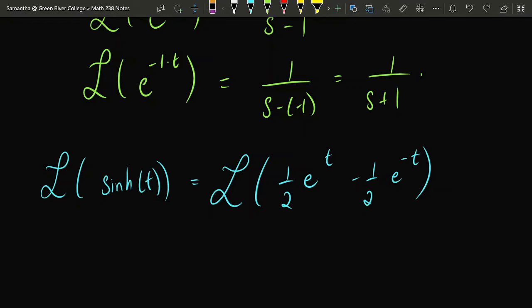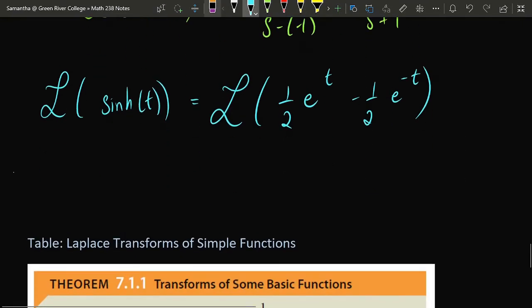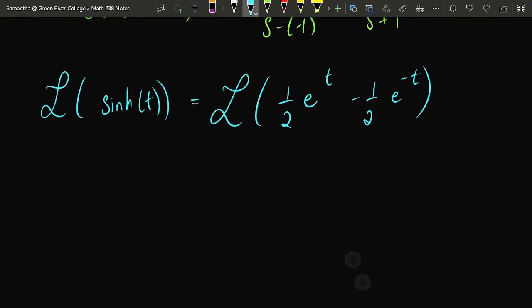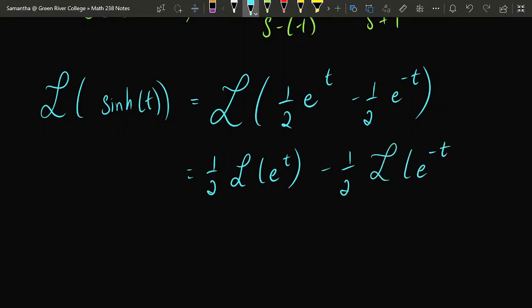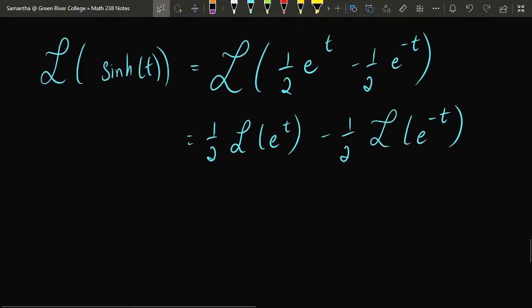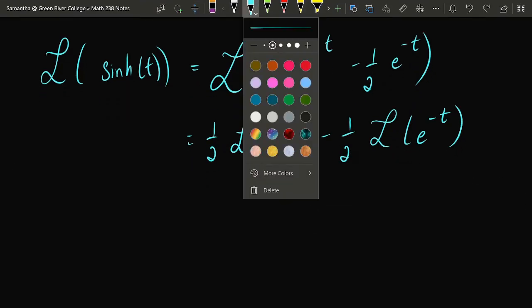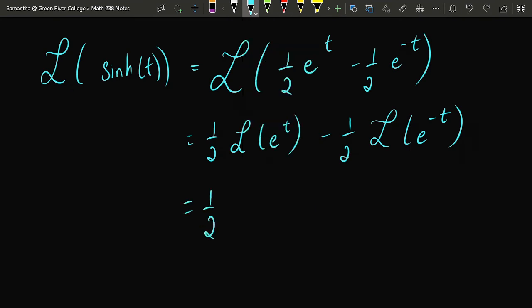Linearity says that you can calculate this expression by taking 1/2 the Laplace transform of e to the t and subtracting half the Laplace transform of e to the minus t. Now we note the Laplace transform of those two individual functions. The first function was 1 over s minus 1, and the second function was 1 over s plus 1.